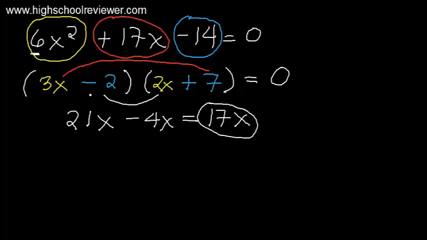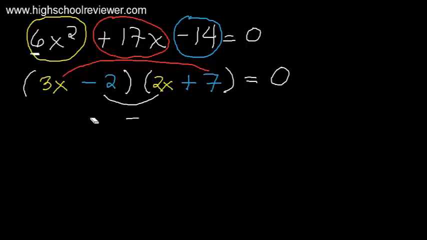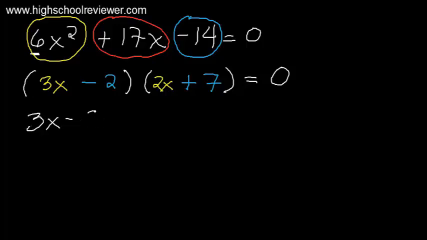So we are going to use these two factors. Let us now erase this, since these are now the two factors that we are going to use. We are now going to solve for the two values of x. So we have here 3x minus 2 equals 0, and 2x plus 7 equals 0.